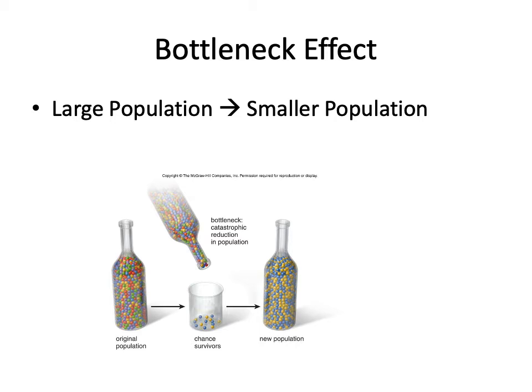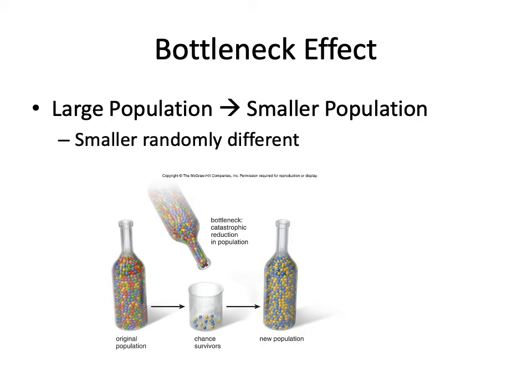Could be a fire, could be a volcanic eruption, could be a severe drought that wiped out all their food. But the population is decimated not because of something they could adapt to, but something pretty intense that just wipes it out.